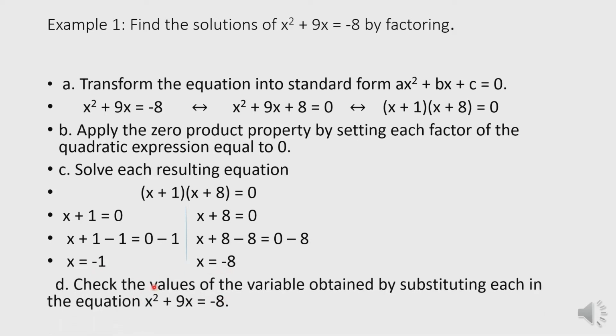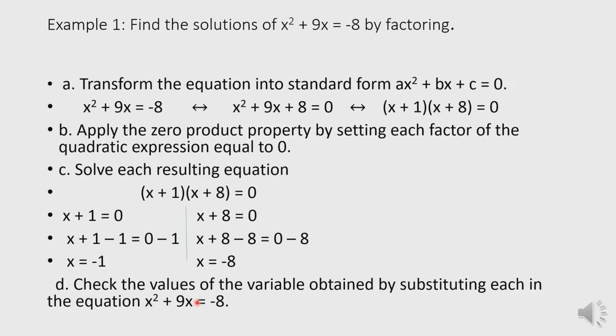And then check the values of the variable obtained by substituting each in the equation x squared plus 9x equals negative 8. So you will know if your answers, x equals negative 1 and x equals negative 8, are correct when substituted to the original equation will give you a balanced equation, or the left and the right sides of the equations are equal.